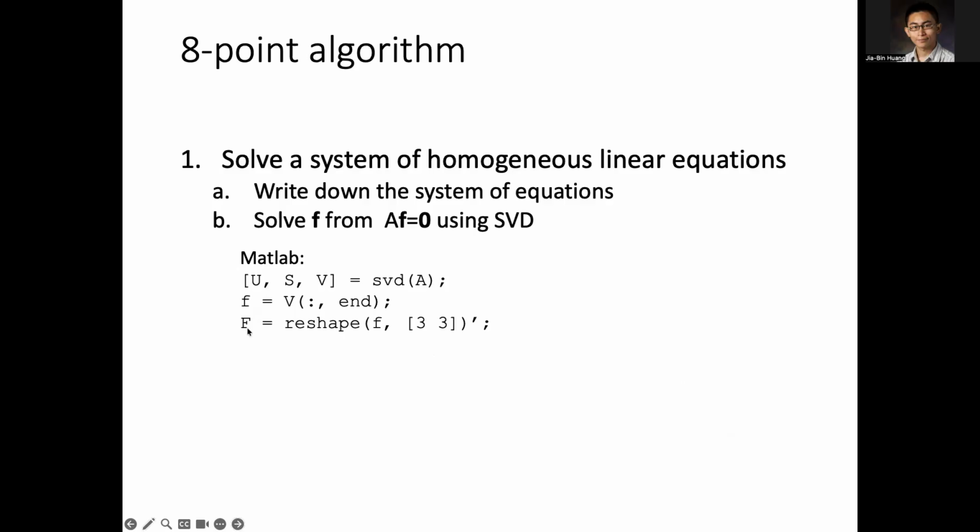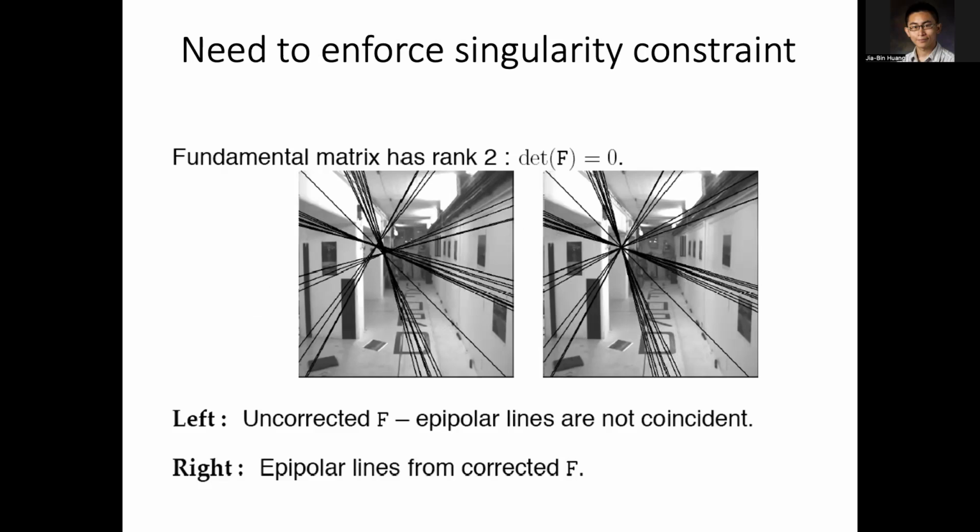After that, because the correspondences are kind of noisy, you could have a noisy estimate of this matrix f. So later on, you want to make sure that the rank is 2. If you don't do this, you get something like this, so the epipolar lines don't pass through the center. If you enforce the constraint, you get something like this.